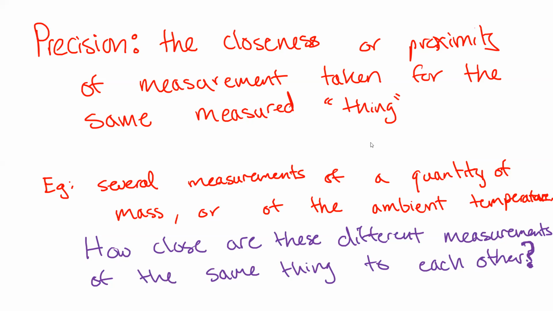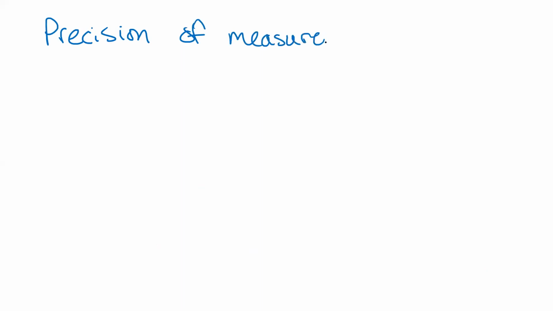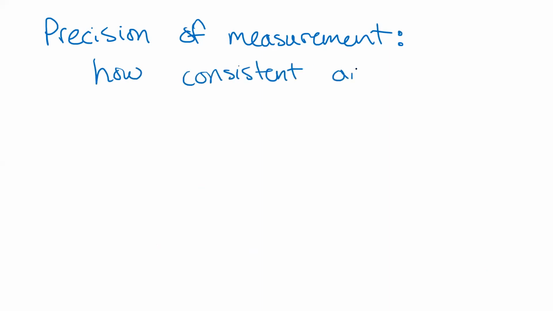So yeah, I got a message from someone asking, does precise mean consistent? And essentially, that is not a bad synonym. When we're talking about precision of measurement, another way of relating it, it's not perfect, but it is a pretty good synonym: how consistent are your efforts at measurement, or your measurements?